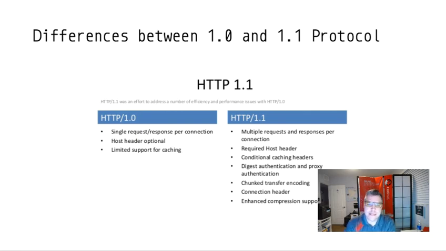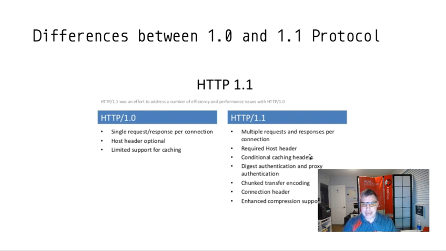As we can see, with 1.0 you could only have a single request per connection, and there was very limited support for caching. So that would slow down any website, especially if you're on dial-up. If you remember, your websites would load much, much slower. When 1.1 was released, you can have lots of different requests per connection.